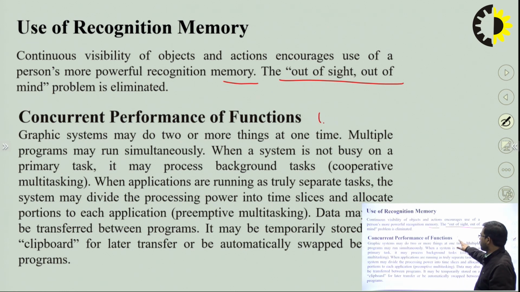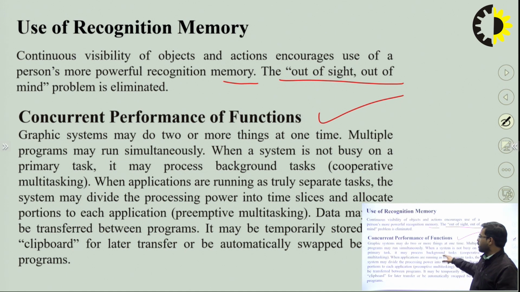Concurrent performance of functions: we have a graphical system where we may do two or more things at a time, just like working in Office, Word, Excel, listening to a song, surfing the websites, and copying and pasting to Word. So different actions are used together.